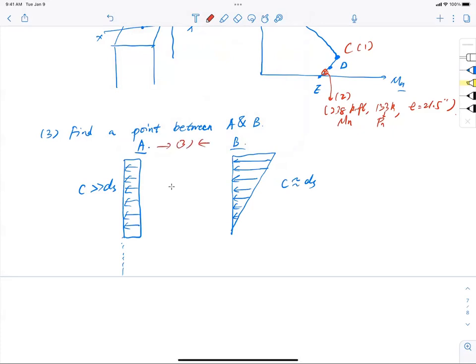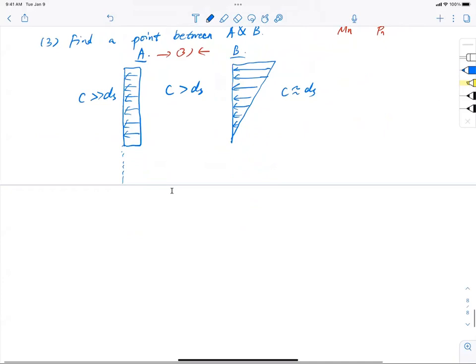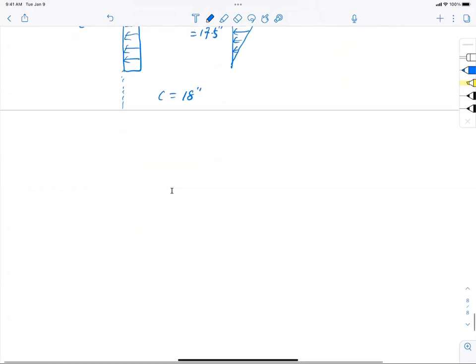That means I need to find a compressive zone depth larger than ds. So how to pick this number? I know ds equals 17.5 inch. So I'm going to pick a number where c equals 18 inches. Now with c equal to 18 inches, I pretty much have my strain diagram set.